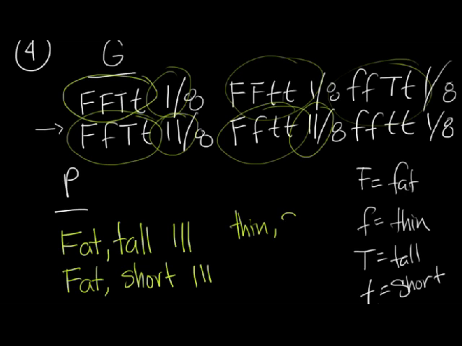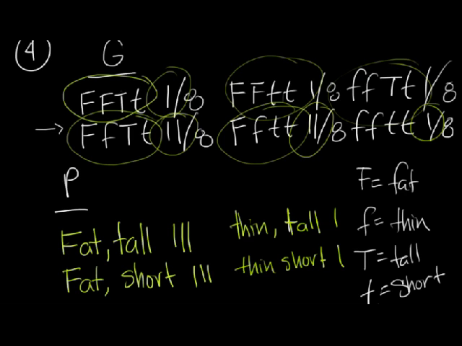And they're not going to be short, they're actually going to be tall. And there's one. And this one's, they're going to be thin and short. And there's one of those.